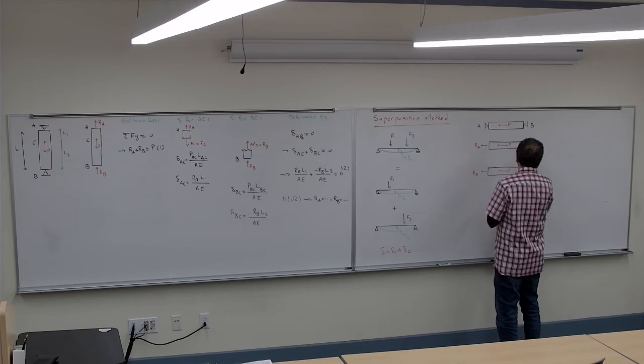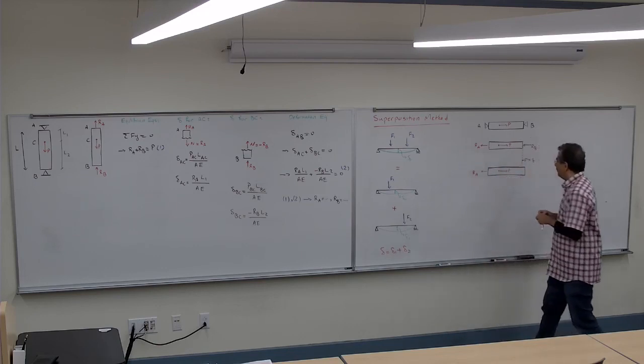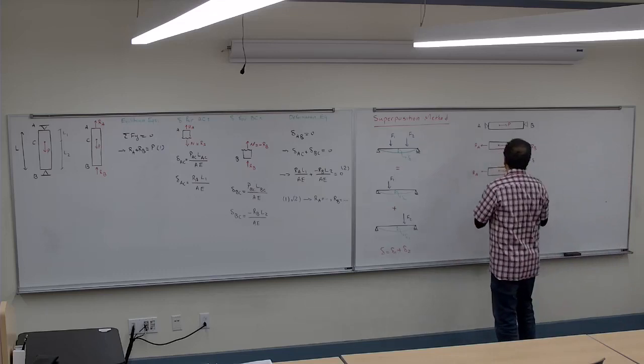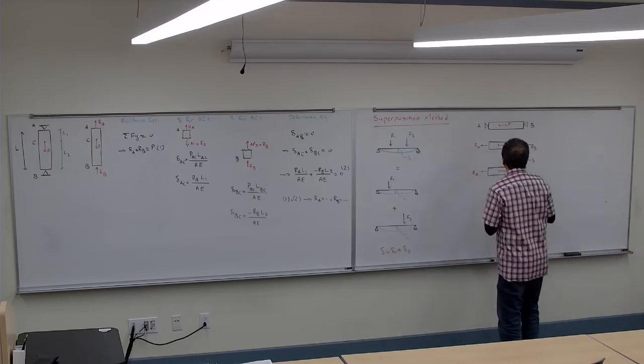So assume this length that it causes is delta. So this thing is going to be equal to this one.